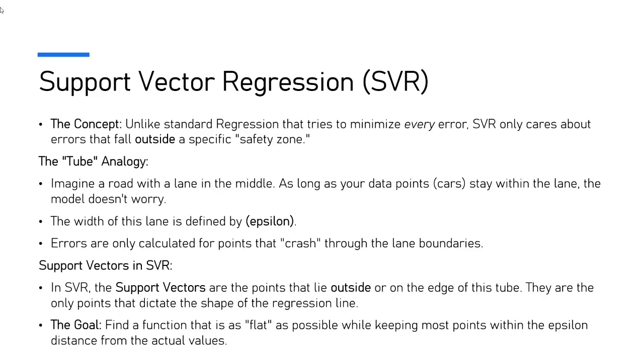Now, we're using this only for classification so far, or support vector classification. What about regression? Well, normal regression tries to minimize every error, but support vector regression only cares about error that falls outside a specific safety zone. So basically, we try to ensure that none of the points go beyond this safety zone.